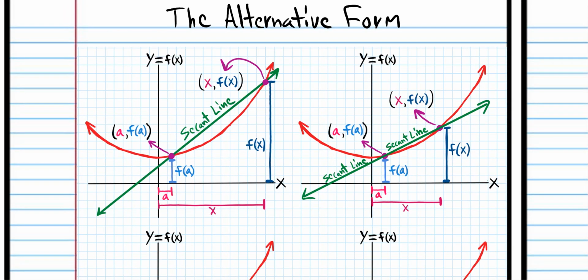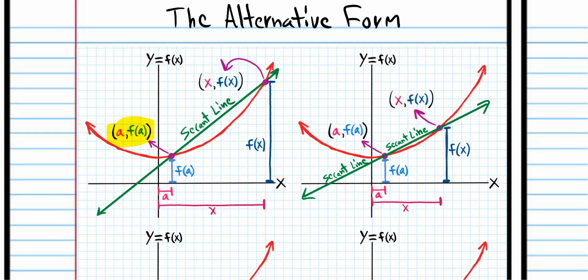So we have the same situation as we did before, same graph, same points, but we're going to rename these points. In the previous problem, this point was x comma f of x, but now we're switching. We're making this point x comma f of x. And this point is going to be a comma f of a, and what that means is we know the coordinates of this point.